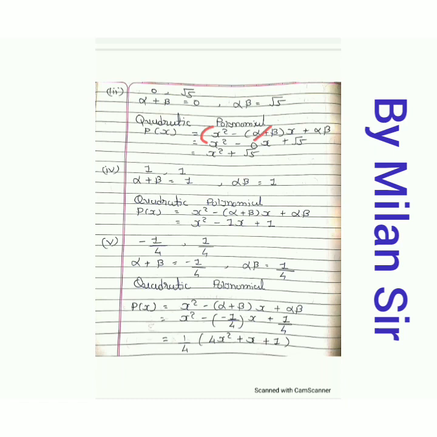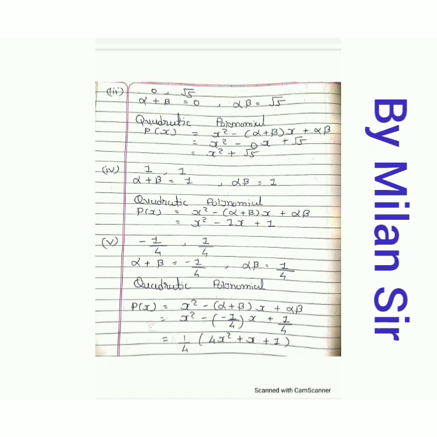Alpha plus beta is equal to 0, alpha into beta is equal to under root 5. Then no need to write this, 0x, it is 0 only. So we can write x square plus under root 5. This step is cancelled out.